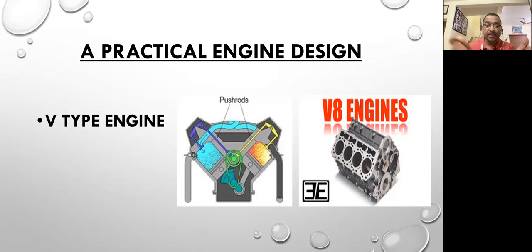On one side we keep one cylinder, and on the other side we keep another cylinder, so that the size of the engine is reduced. This is a V8 engine, meaning it has 8 cylinders. It will generate more power, but it is as compact as the earlier engine.